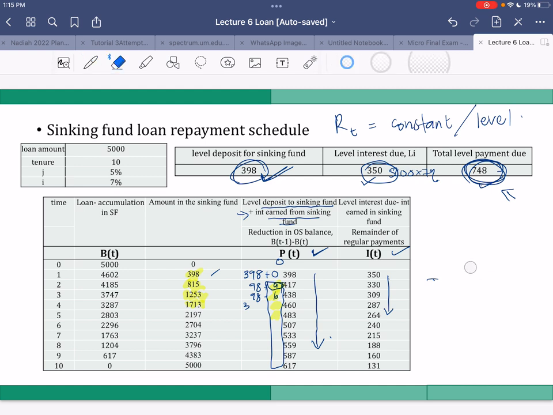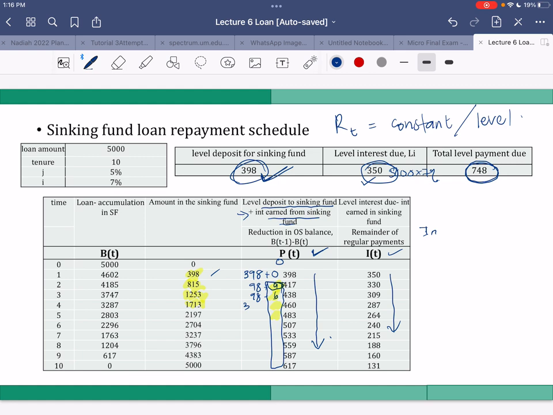Why does it reduce? This IT is reducing. What does it mean? IT again is the interest paid from the regular payment, RT, so it is the interest paid from this 748.